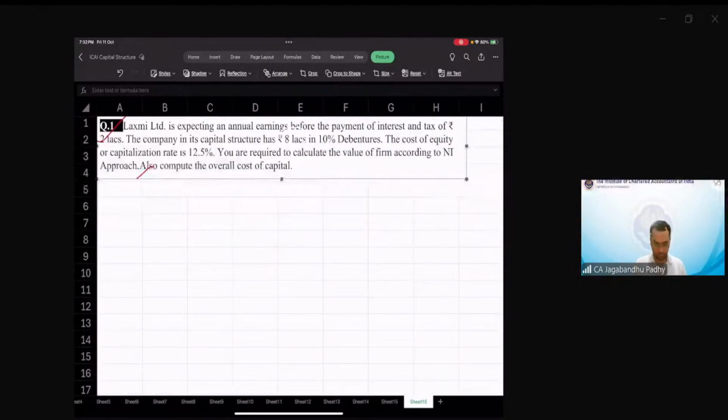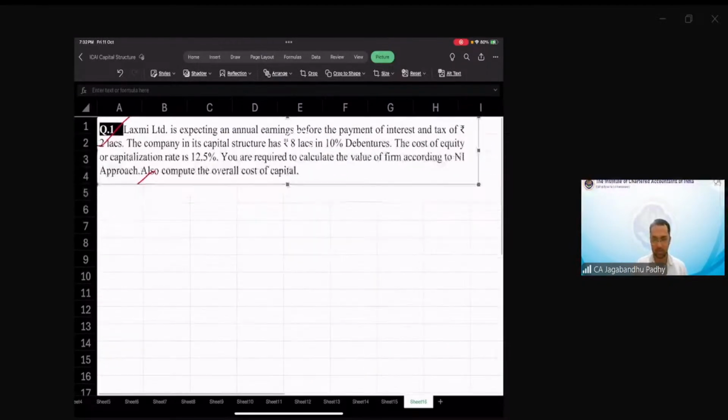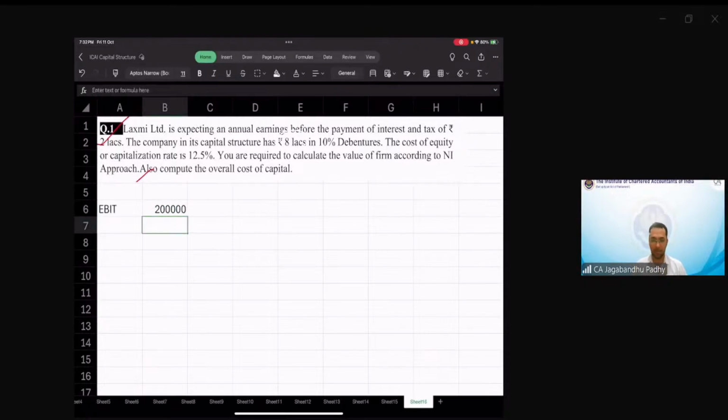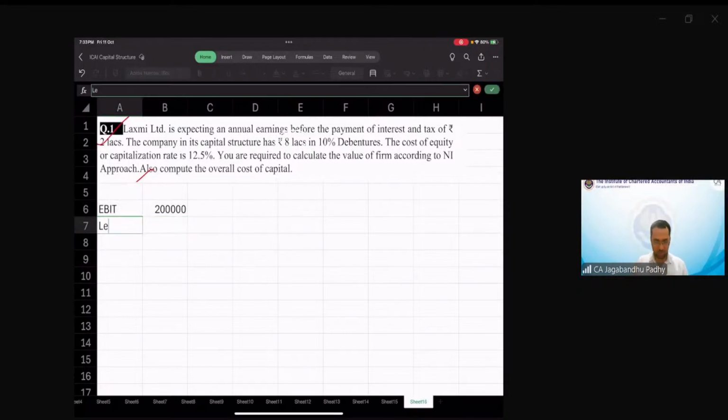Yeah. So EBIT is 2 lakh. Company in its capital structure has 8 lakhs in 10% debentures. So we can say less the amount of interest.